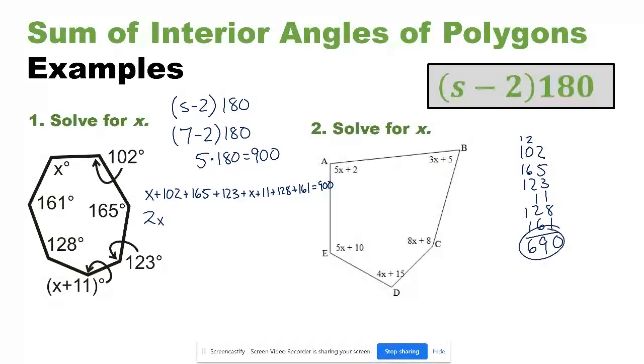So when I did that, I got 690. So I have 2x plus 690 when I combine all my like terms, and that is equal to 900 degrees.